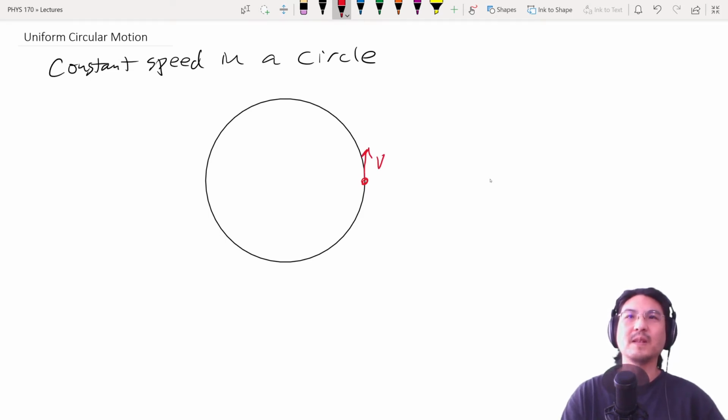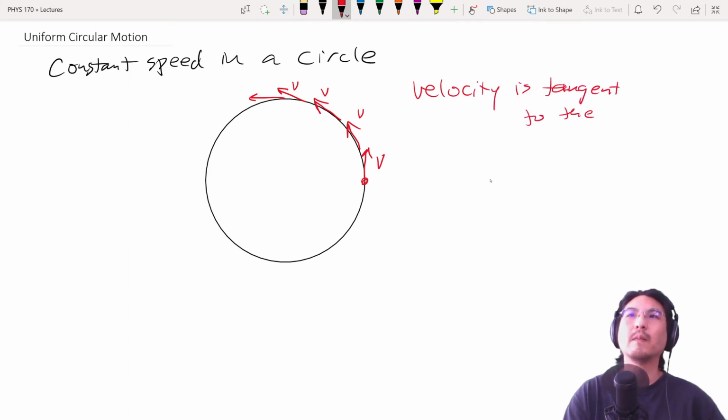So, as you go, the velocity is always tangent to the path, right? Tangent. What about the acceleration? So the acceleration turns out to be this way.